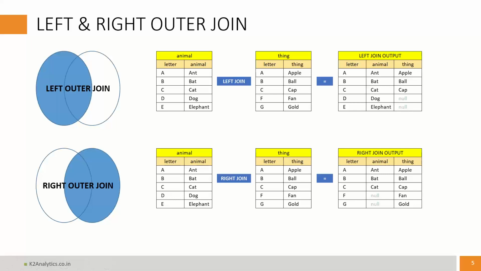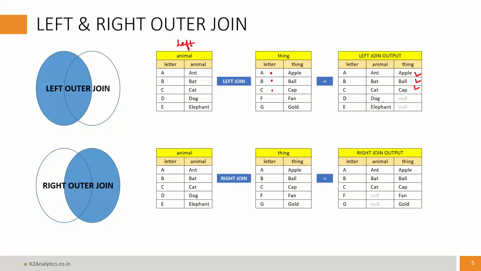Then you have left outer join and a right outer join. In left outer join, the output will have all records from the left table. And wherever the identifier is available in the right table, in this case A, B, C, the corresponding values will be picked up. So here you can see apple, ball and cap.